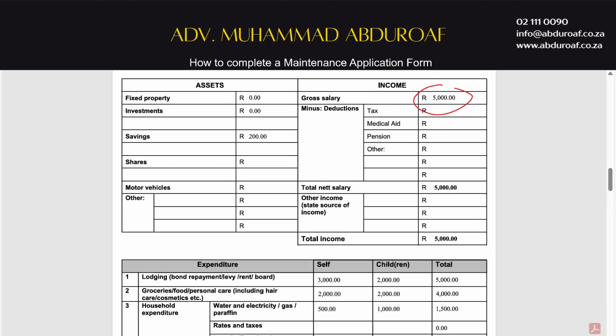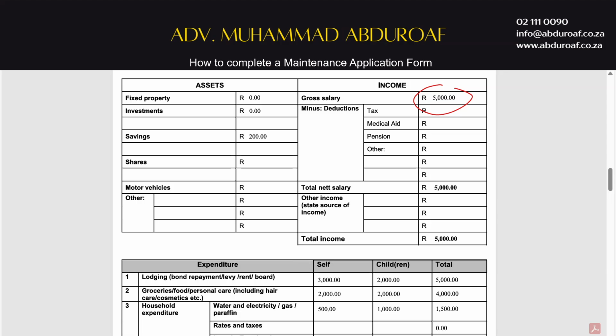It is therefore very important that when you complete this specific section of the application form, you ensure that it makes logical sense and it is truthful. The reason I'm saying so is that once this matter goes to court and the other party disputes certain expenditure, you will obviously have to explain how you came about those amounts.